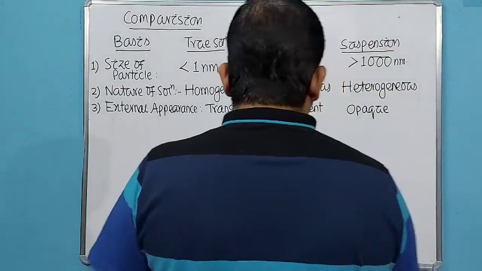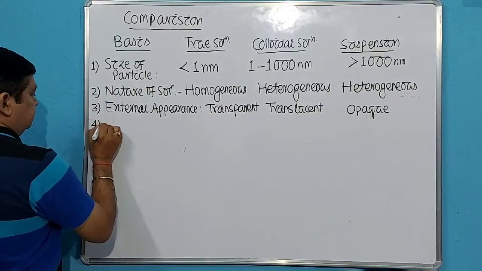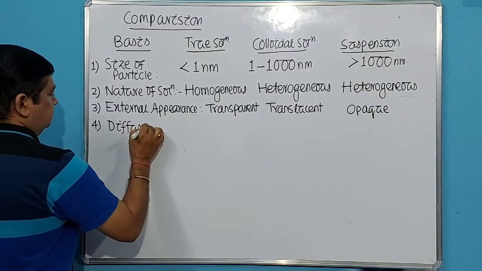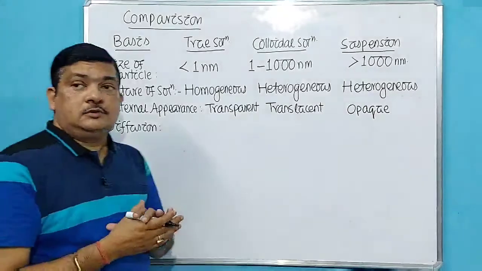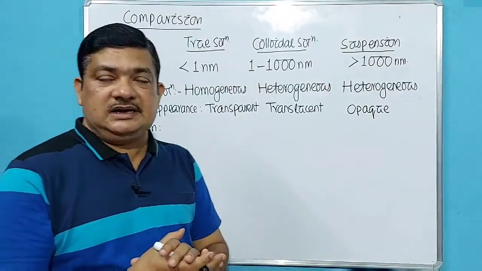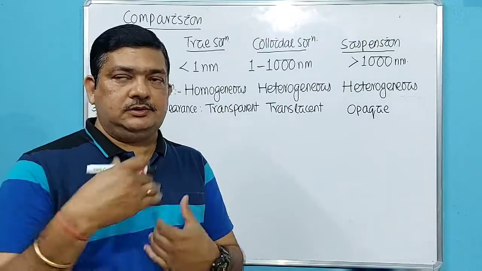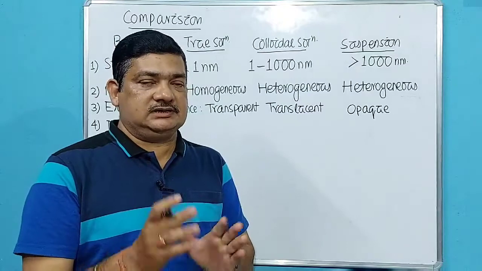The next basis of classification is diffusion. How they can diffuse? So true solution have the smallest particle size. They can easily diffuse through parchment membrane. So here we will be using two types of membranes or two types of filters.